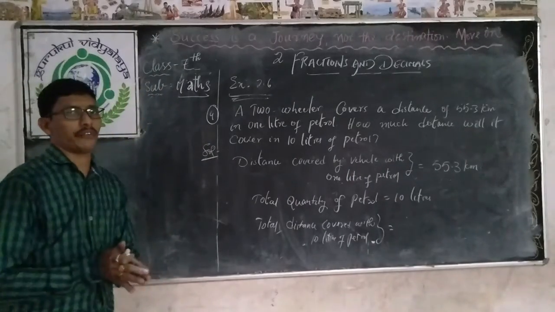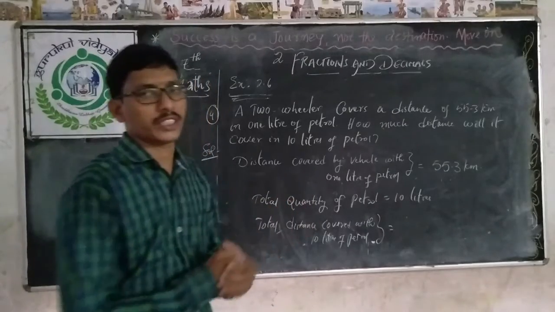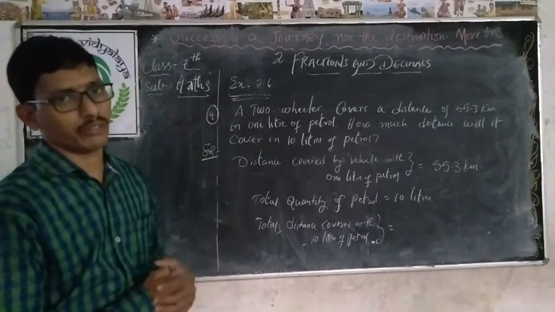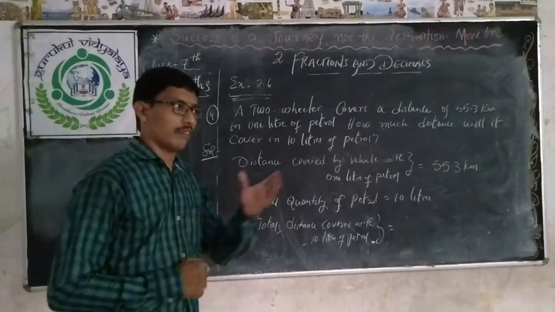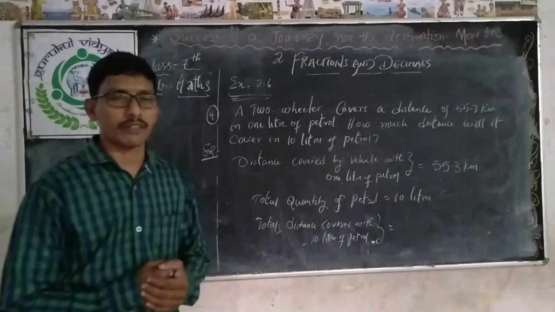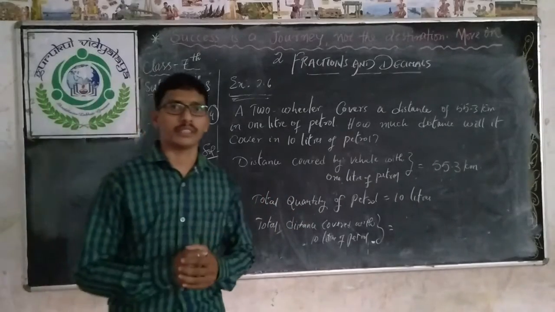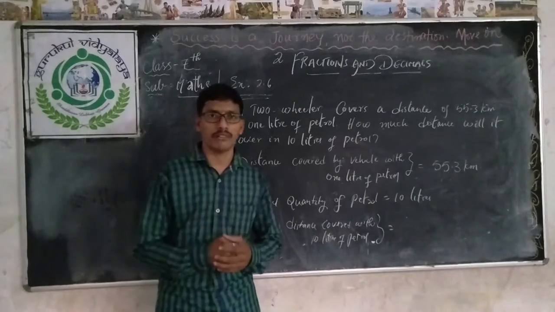If 1 liter covers 55.3 kilometers, then how much distance will 10 liters cover? Simply multiply. For example, with 1 liter of petrol we cover 5 kilometers. With 2 liters, how much distance? 10 kilometers. With 3 liters, 15 kilometers. How do we get it? Simply multiply by 5.